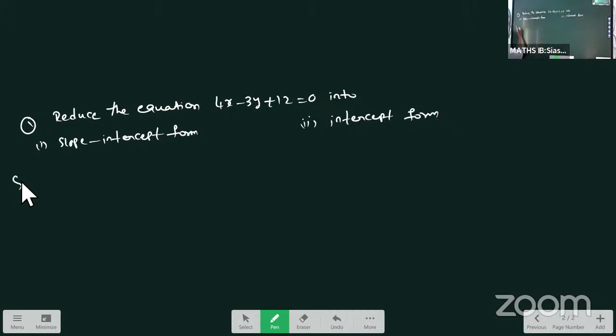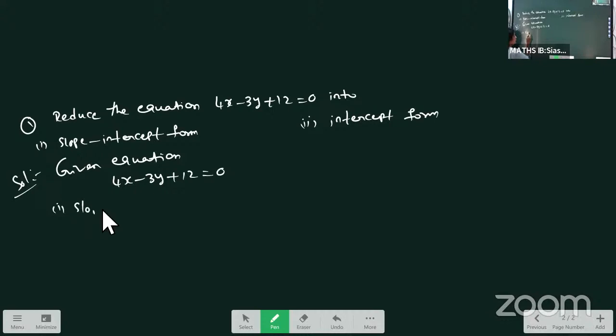First, take the given equation: 4x minus 3y plus 12 is equal to 0. First we convert into slope-intercept form. Before that, we should know that slope-intercept form must be in the form y is equal to mx plus c.